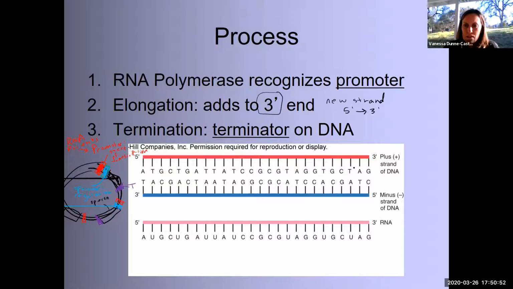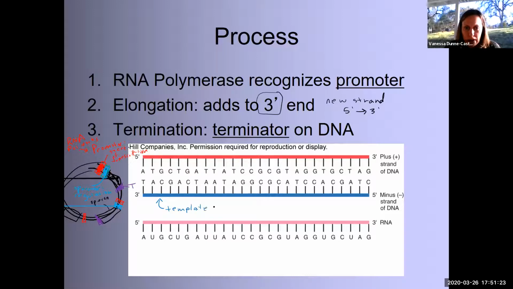So which of these two strands, the red or the blue, is complementary to a 5' to 3' orientation? Yes, it's the blue, right? So we're looking for the template to be 3' to 5'. And if you look at these two strands, the red is 5' to 3' and the blue is 3' to 5'. So in this example, the blue strand is our template, right? The blue strand is our template.